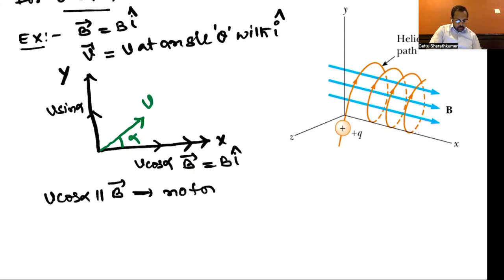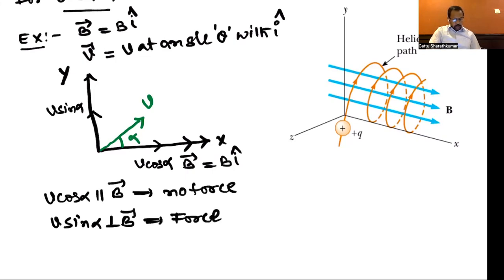But V sin alpha is perpendicular to B bar, so there will be a force. How much force will be there? That force is equal to qBV sin alpha. And in which direction is this force? That also we have to find out.